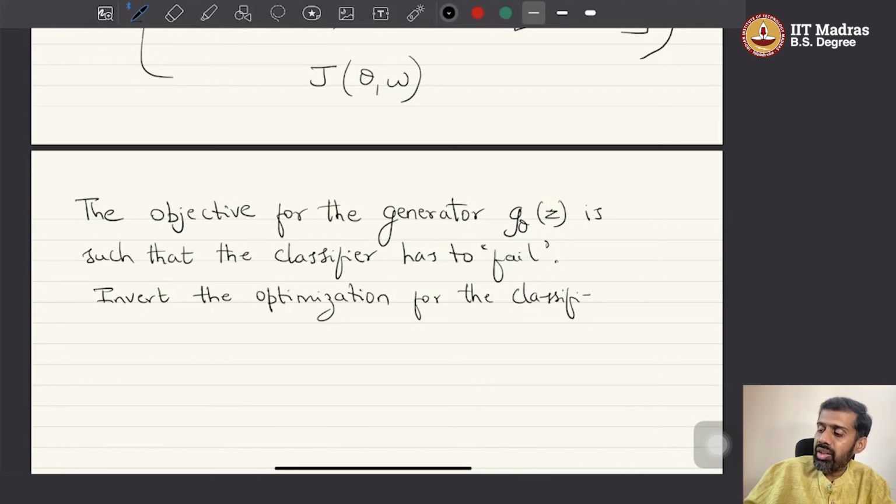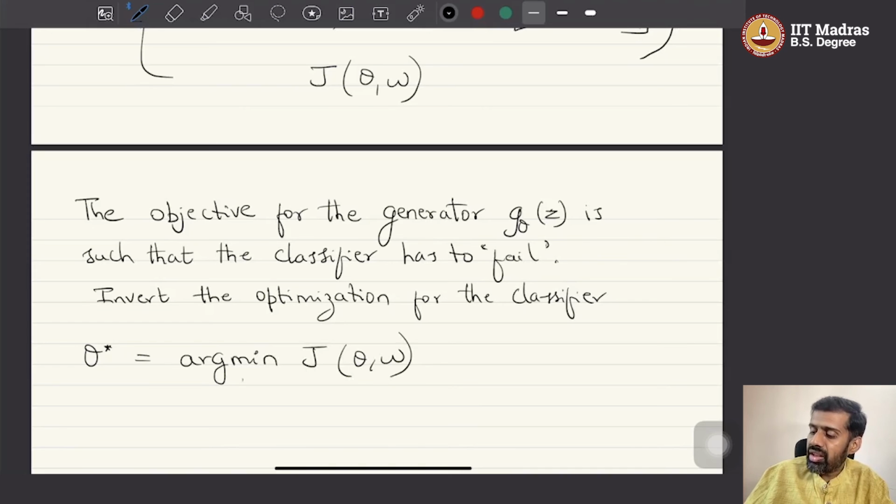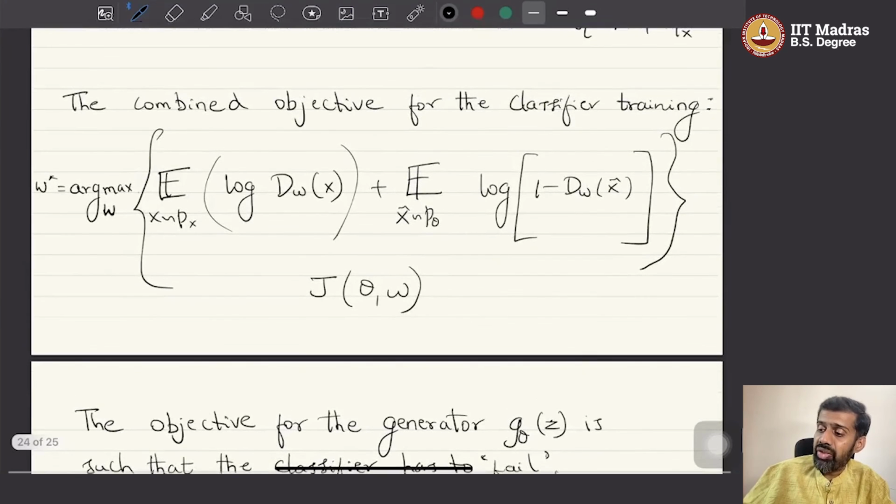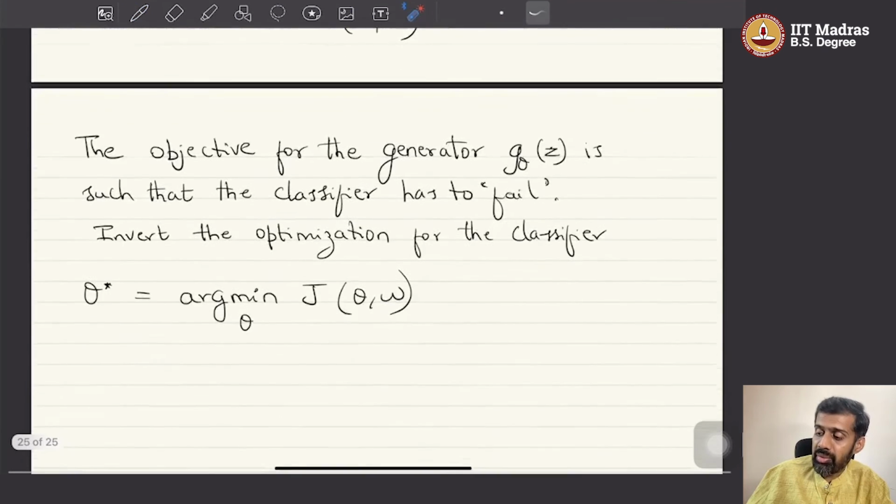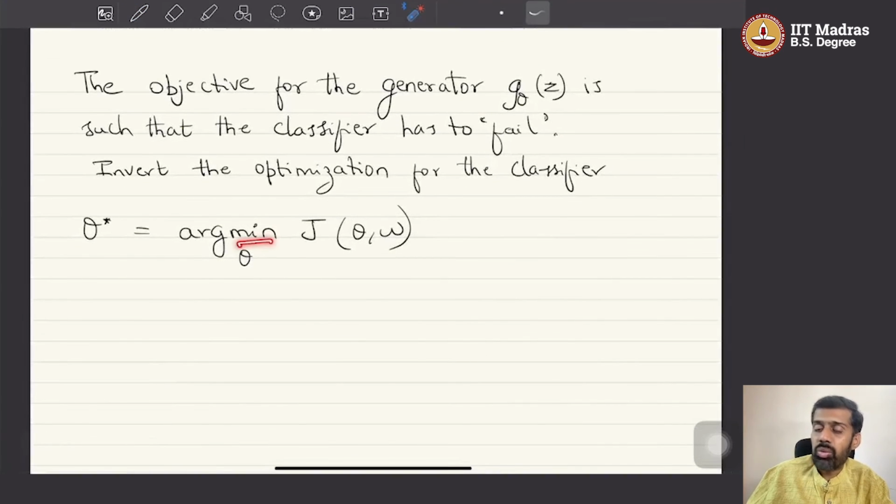If we do that, then we will ensure that our theta will be such that the classifier objective is inverted. So what do we do? We just minimize the classifier objective with respect to theta. While the classifier is trying to maximize a particular objective with respect to its parameters, we will just minimize. What do I mean by inverting?